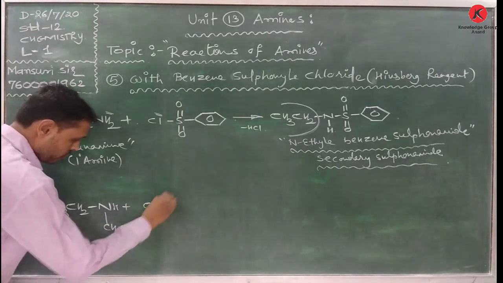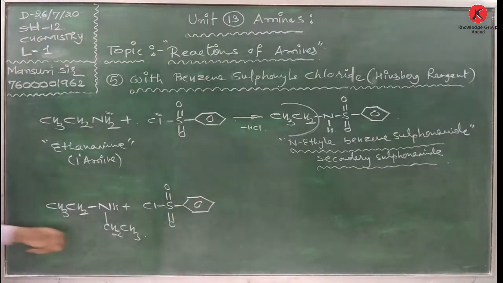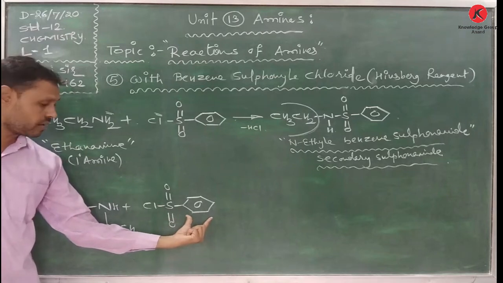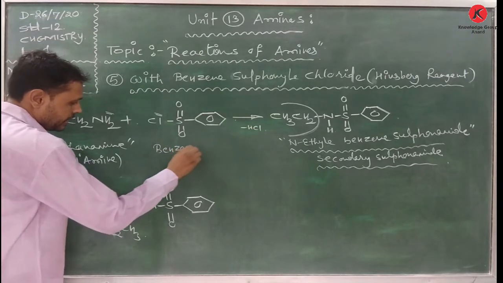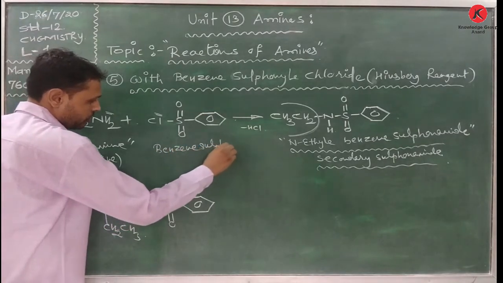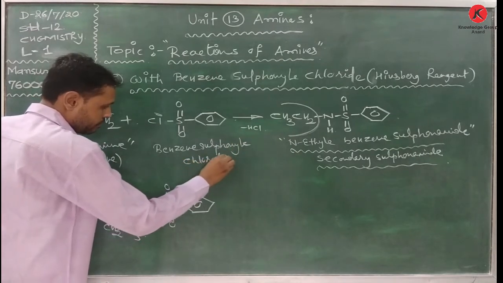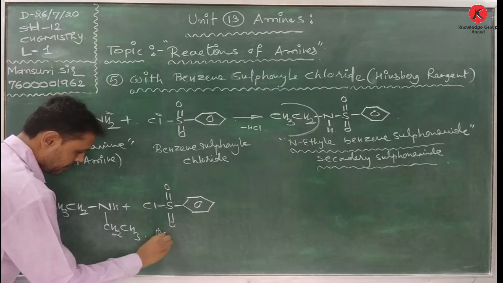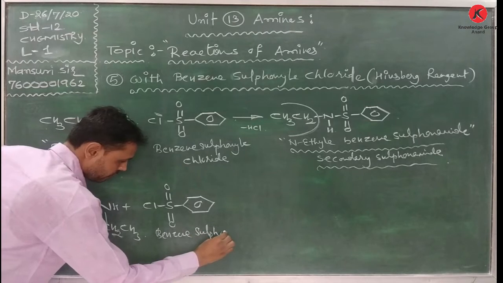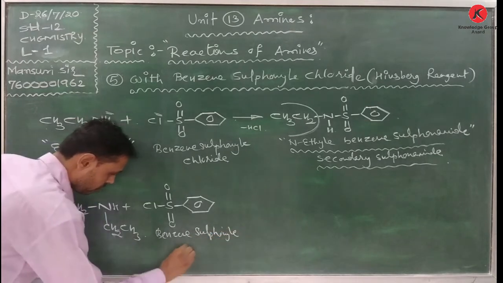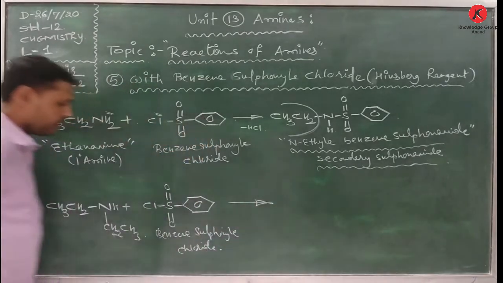So when a secondary amine reacts with Hinsberg reagent, or in other words benzene sulfonyl chloride, what will form?